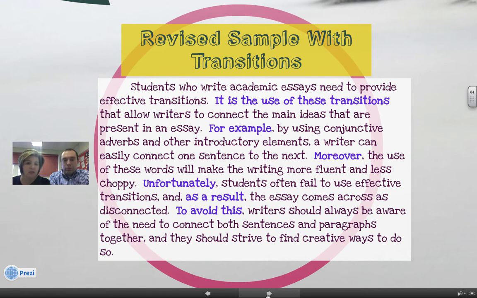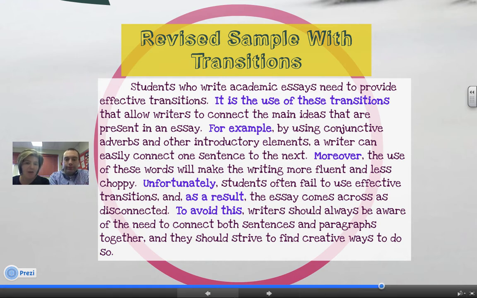Moreover, the use of these words will make the writing more fluent and less choppy. Unfortunately, students often fail to use effective transitions and, as a result, the essay comes across as disconnected. To avoid this, writers should always be aware of the need to connect both sentences and paragraphs together, as they should strive to find creative ways to do so.